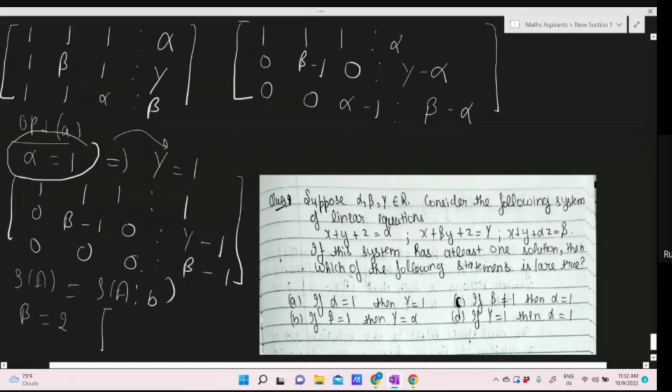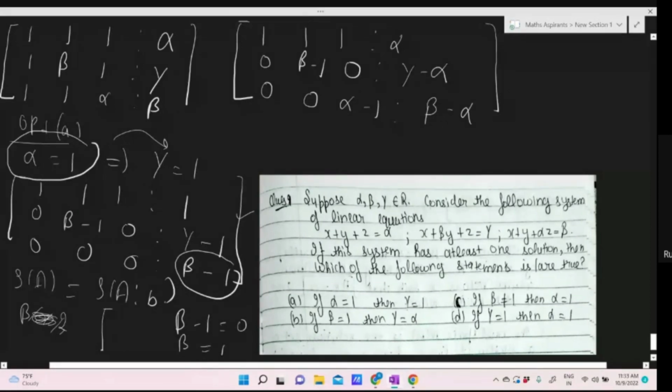Here we can say that for consistency, we have rank of A equal to rank of A augmented B. Now for this system to be consistent, we must have beta minus 1 is equal to 0. That is, beta must be equal to 1. From here, we can see beta is equal to 1.